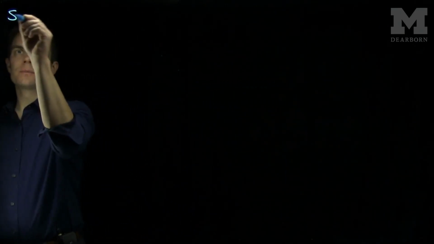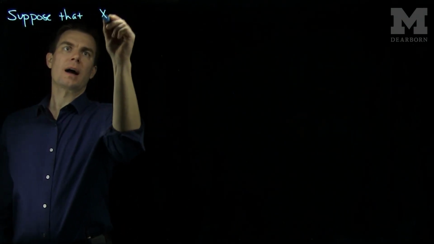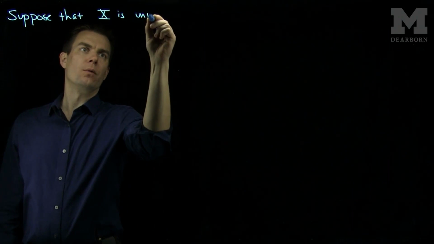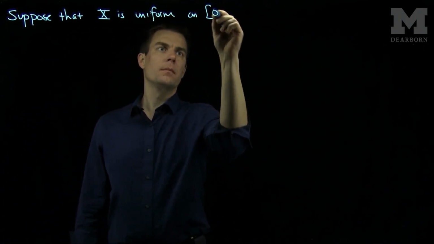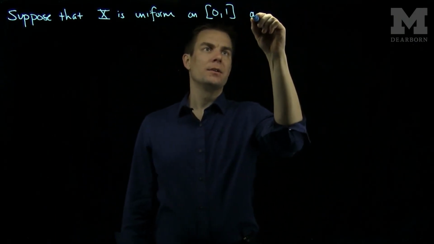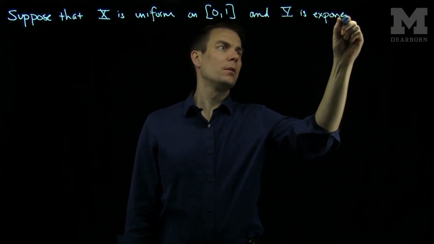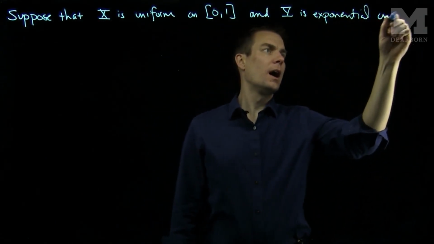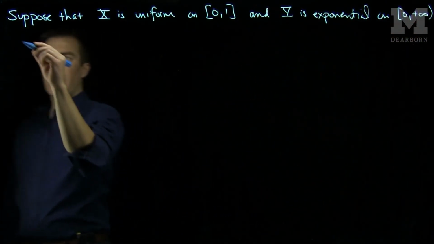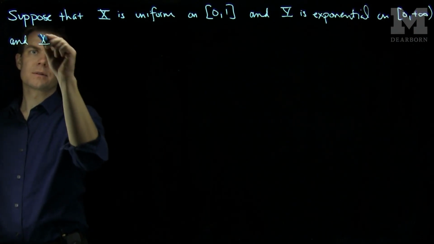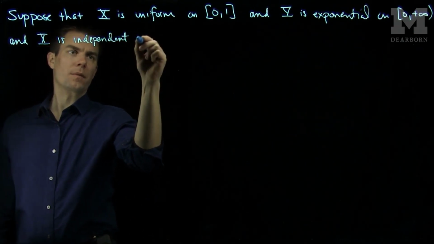Let's suppose that X is uniform on (0, 1) and Y is an exponential random variable on the interval 0 to positive infinity, and X is independent of Y.